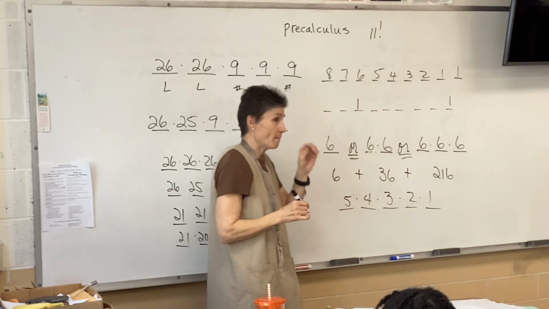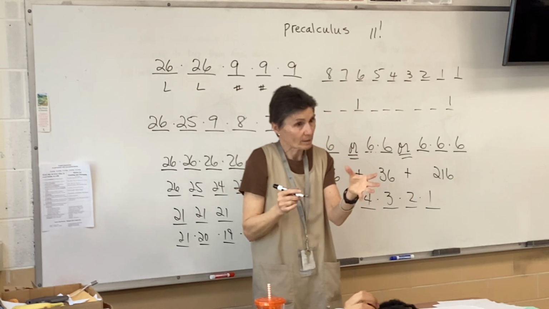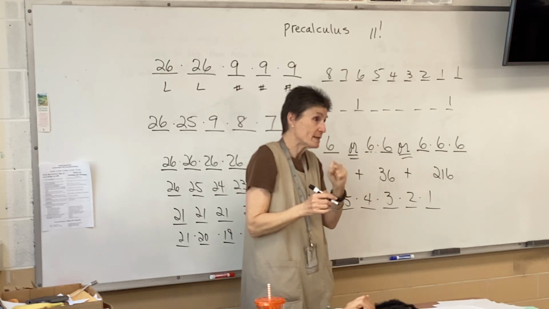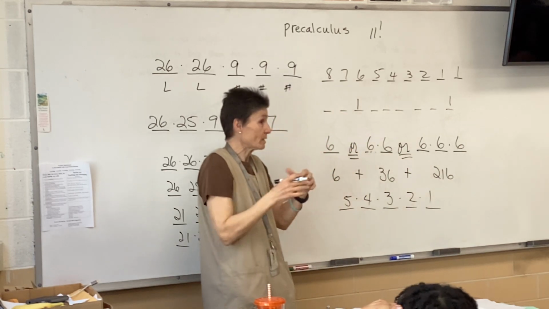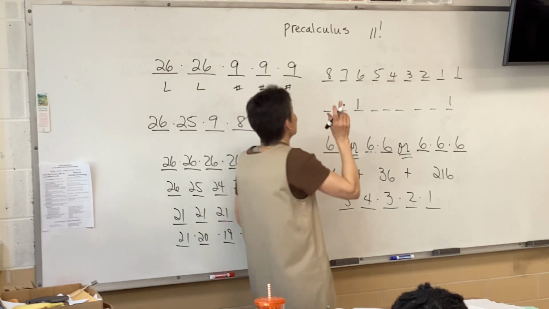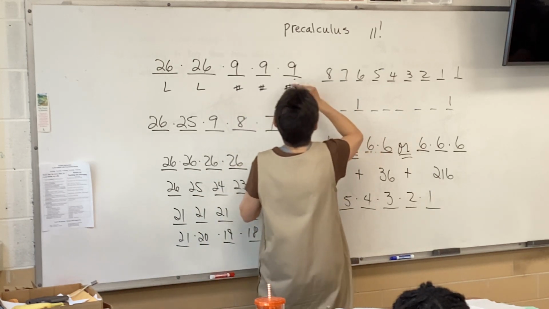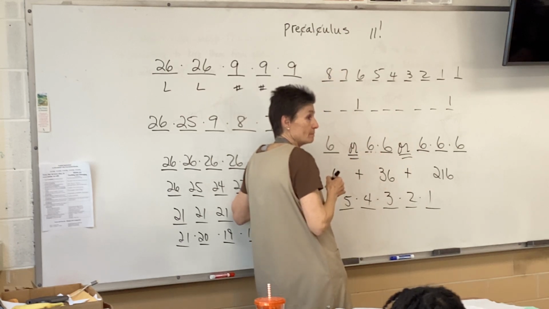Now, remember when we did Chevy, we started with 5 factorial. When we did Precal, we did 6 factorial. Always start with however many letters you have, factorial, so it's 11 factorial. Now, as Adriel noticed, there are 2 C's in the word.